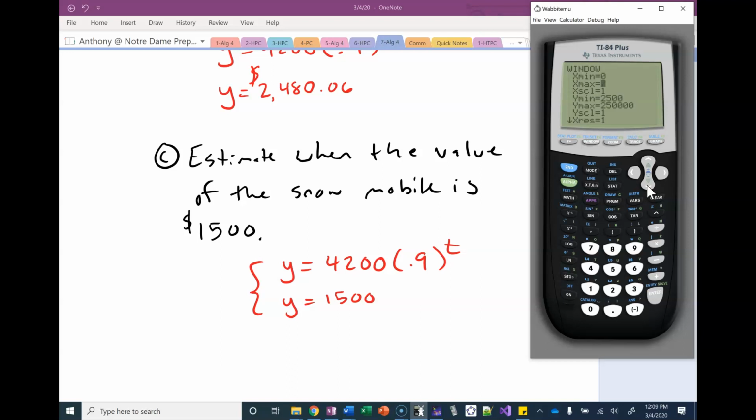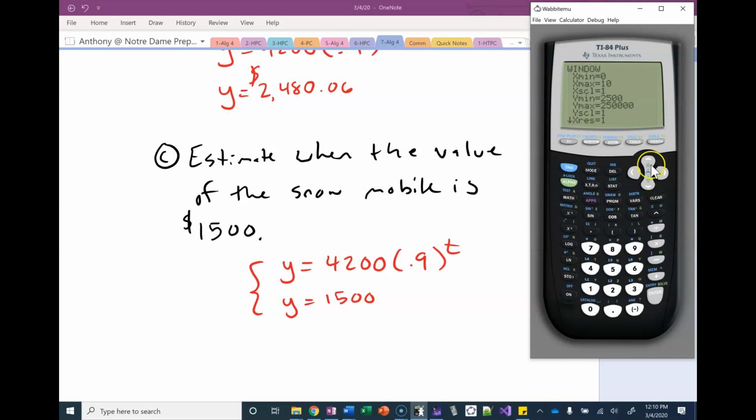So maybe let's try like 10 is maybe a decent guess. If we have to, we can always make it bigger and go back in. Well, because it's a decay. So the longer the time goes, the less value we're going to have. Are you good with that? Yeah. Okay. So if it was growth, yes, you'd be right on, but we're not growing here, we're decaying.